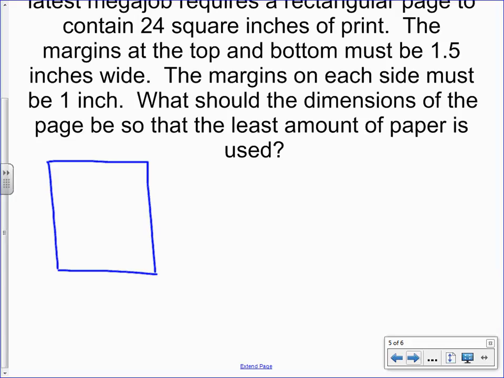And this paper has margins, right? How big are our margins? So 1 inch on our side and 1.5 inches top and bottom.